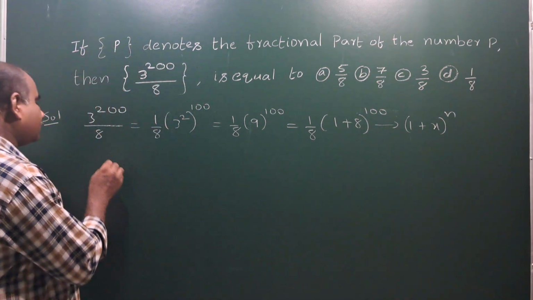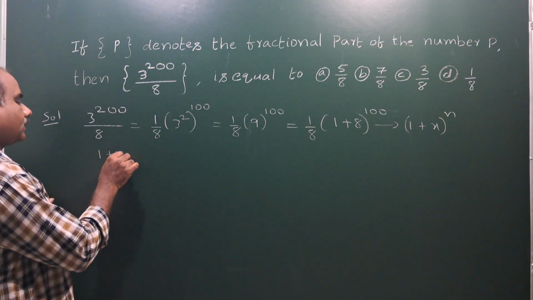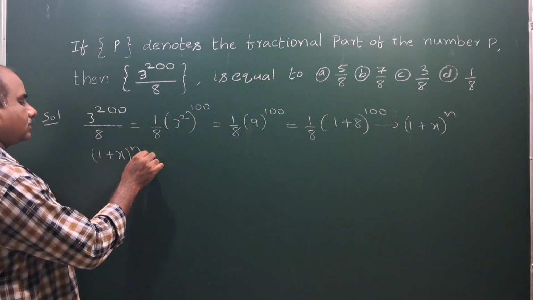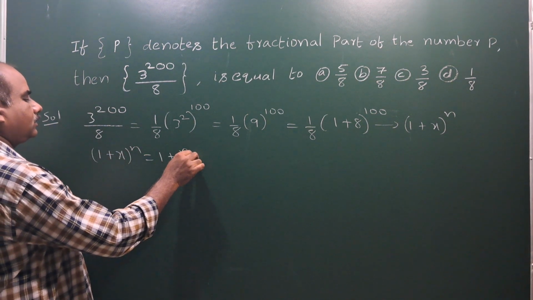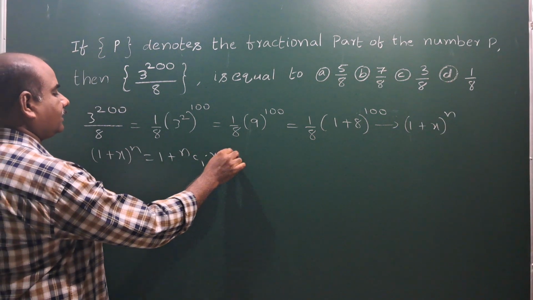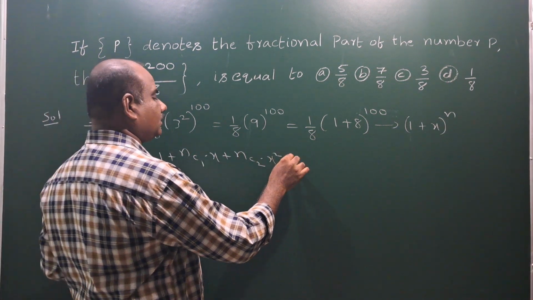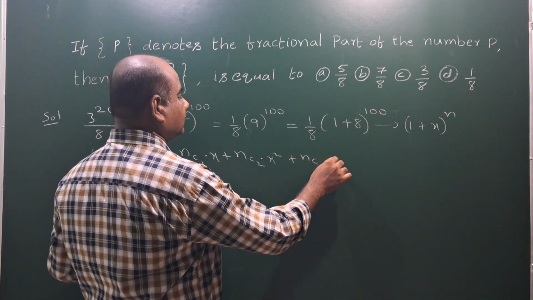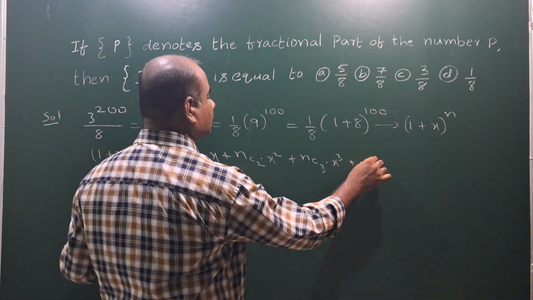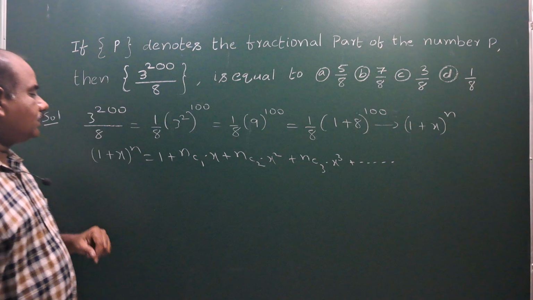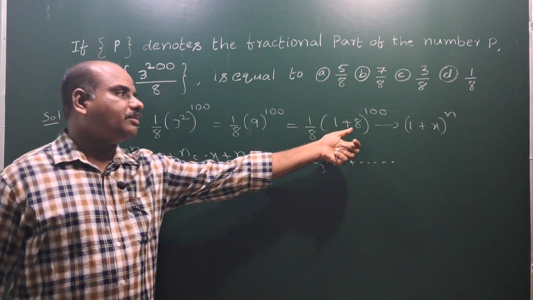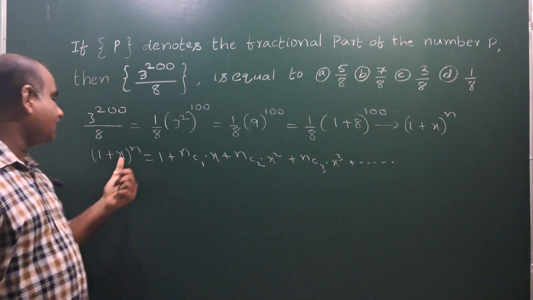The formula is like this: 1 plus x whole power n means 1 plus nc1 into x, plus nc2 into x square, plus nc3 into x cube, and so on. Here n means the power of the binomial, which is equal to 100, and x means 8.